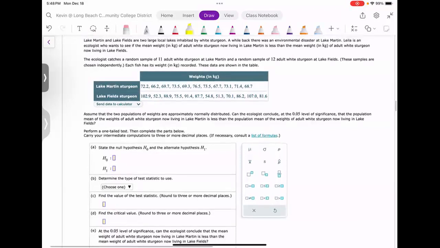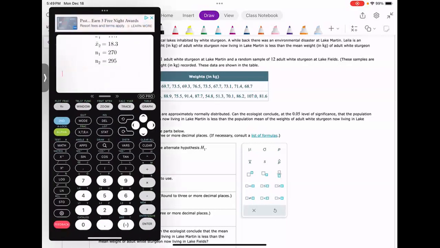So we're going to go here. Mu sub 1 is equal to mu sub 2. We're going to assume that. And they're now saying that mu sub 1, they think, is going to be less than mu sub 2, meaning it stunted their growth somehow. And we have the data recorded below.